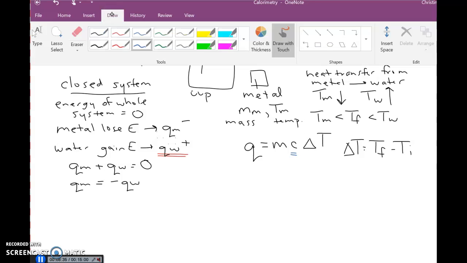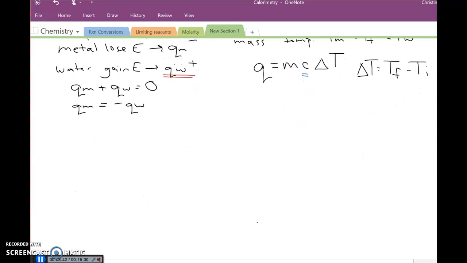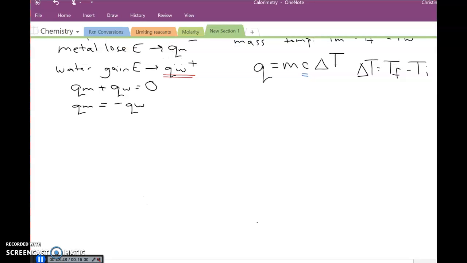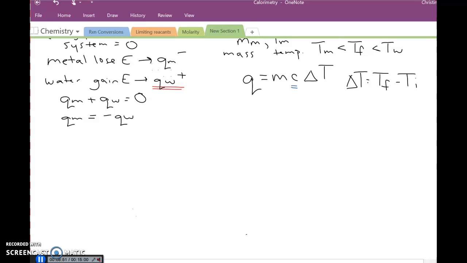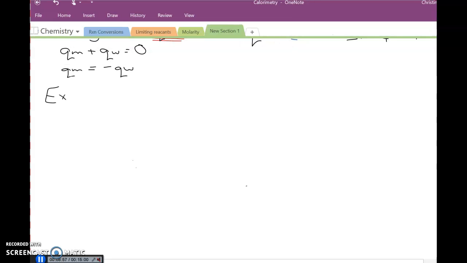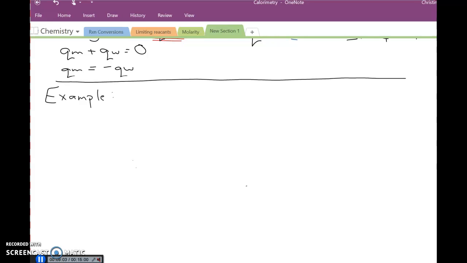All right, example problem. Our example problem says we have a 50-gram piece of metal with an initial temperature of 100 degrees Celsius is added to 100 grams of water with an initial temperature of 20 degrees Celsius.